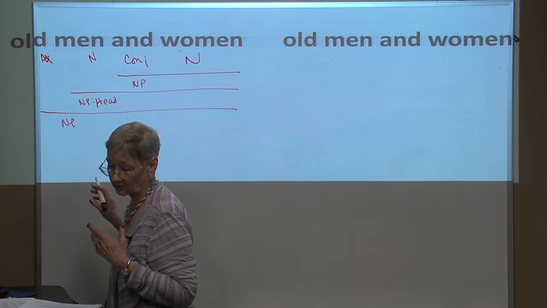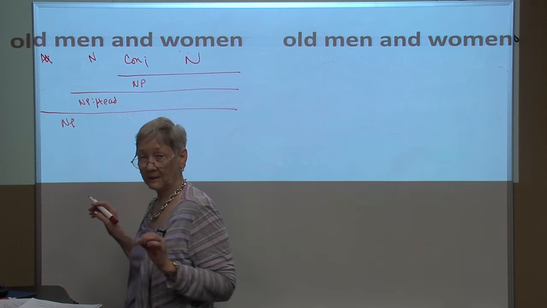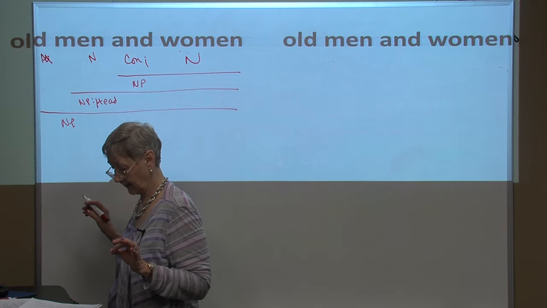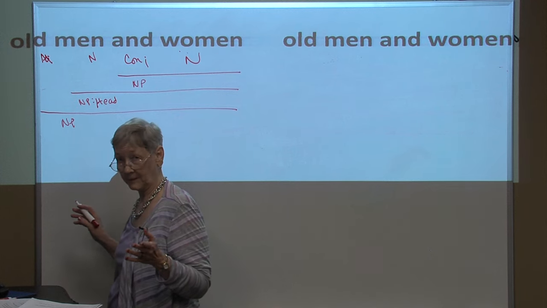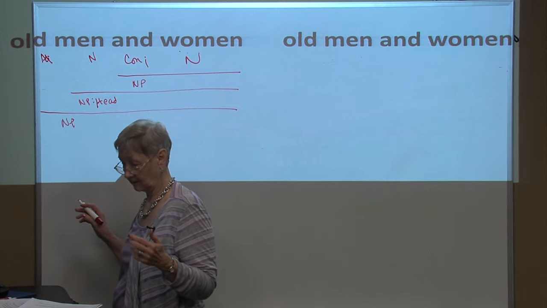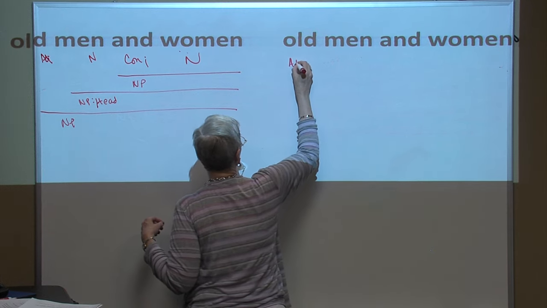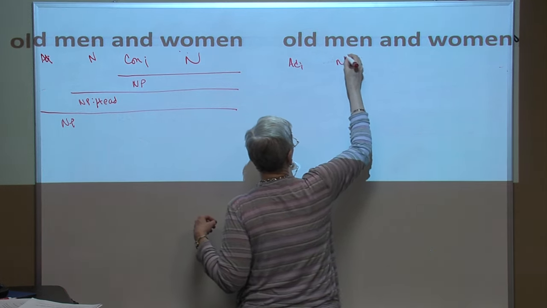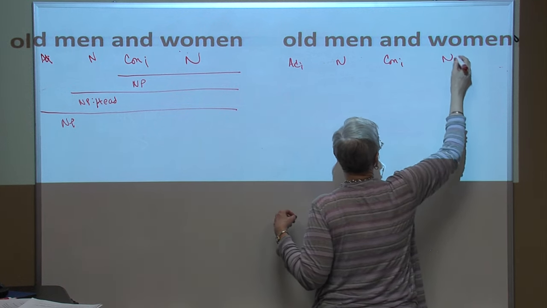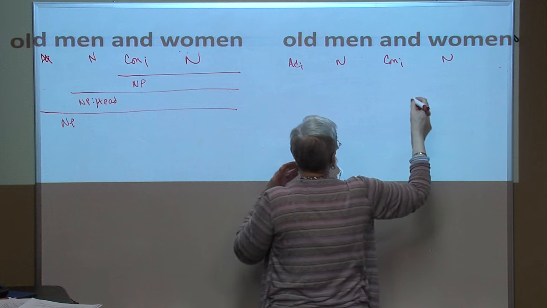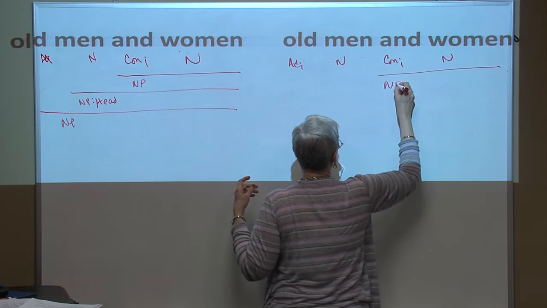In the second structure, only men are old because old men forms a noun phrase before being conjoined to women to form a larger noun phrase. So adjective, noun, conjunction, noun. Men and women is a noun phrase.